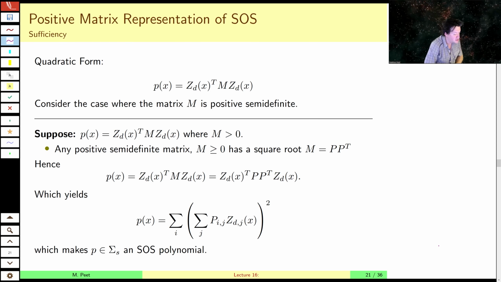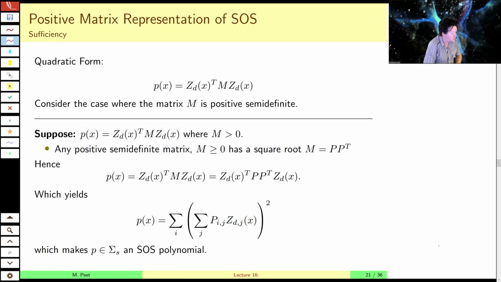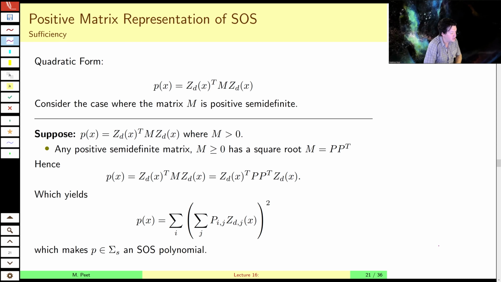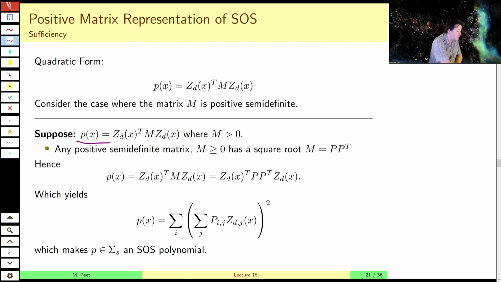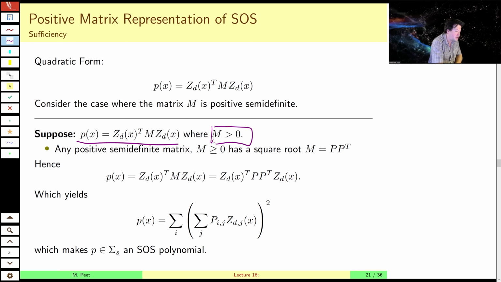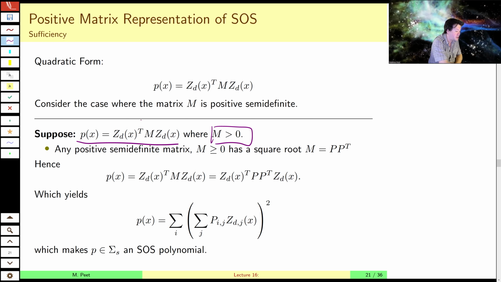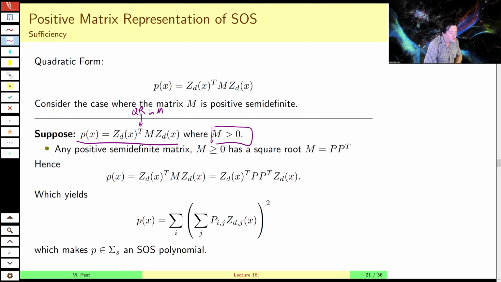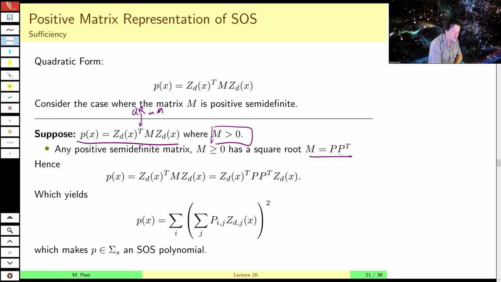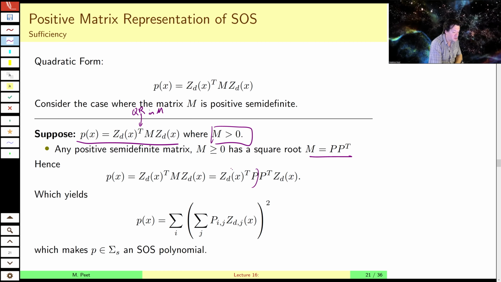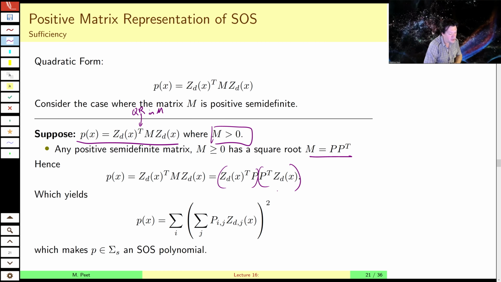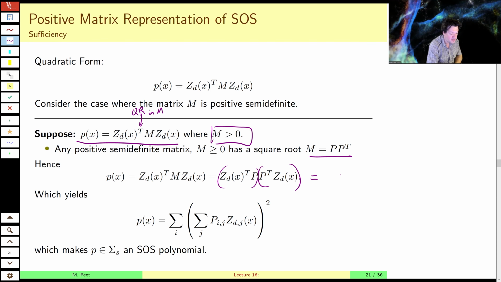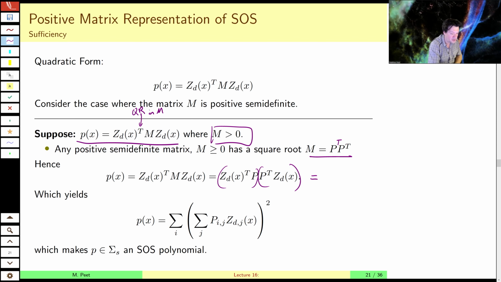So let's look at this sum of squares representation one more time. If we can find a positive matrix M greater than 0 such that P has this quadratic representation in M, then M has a square root, and so we can take that square root and write down a vector square. Actually, I should do P transpose P here.